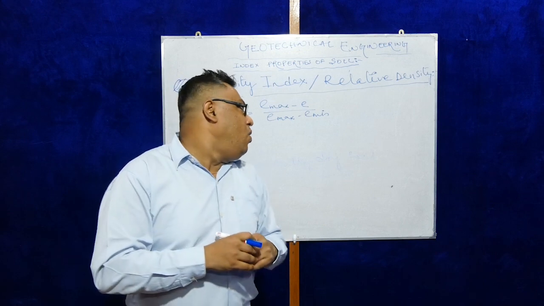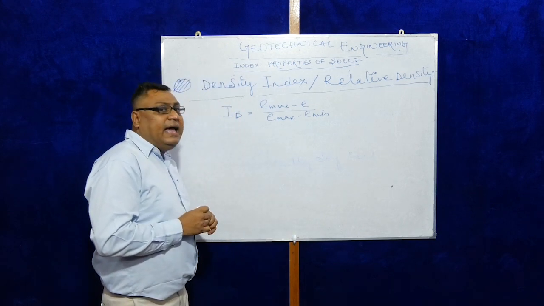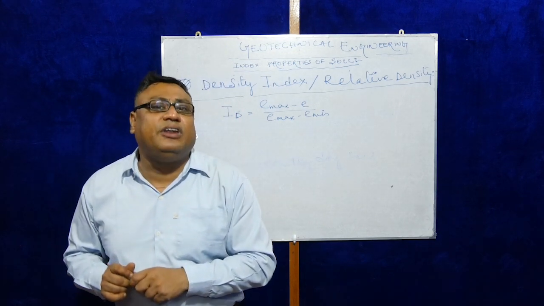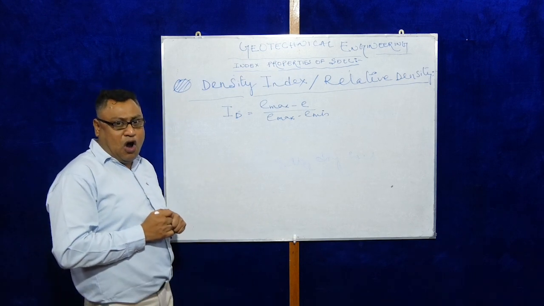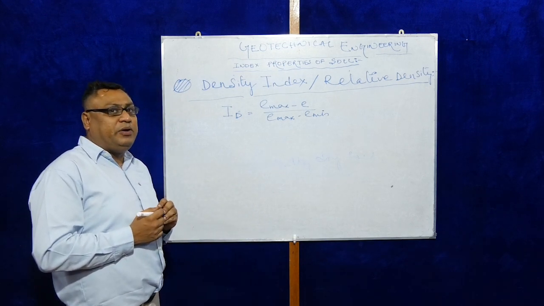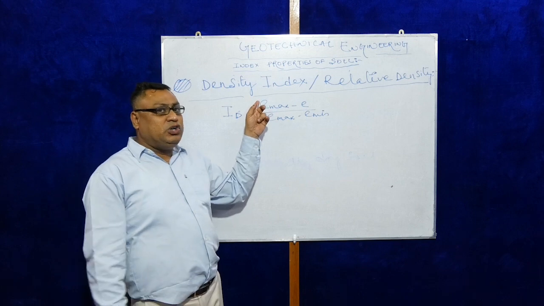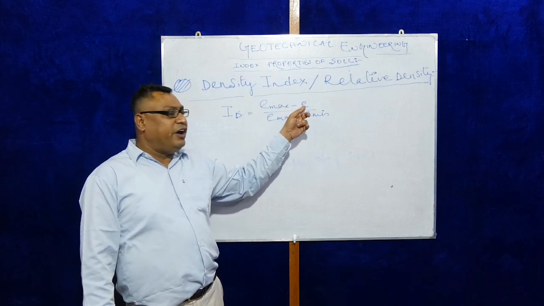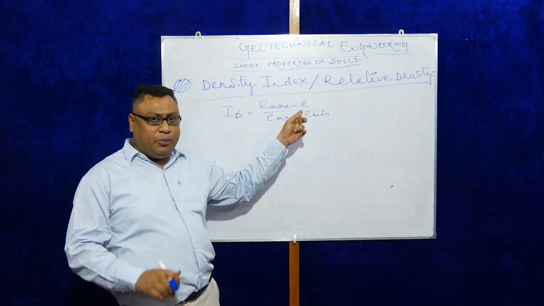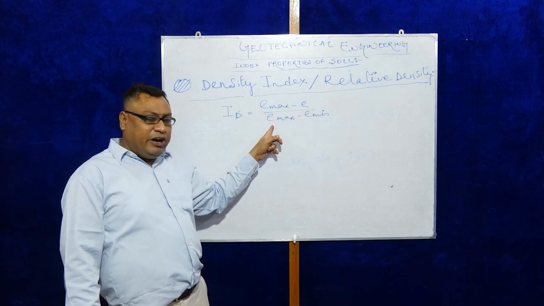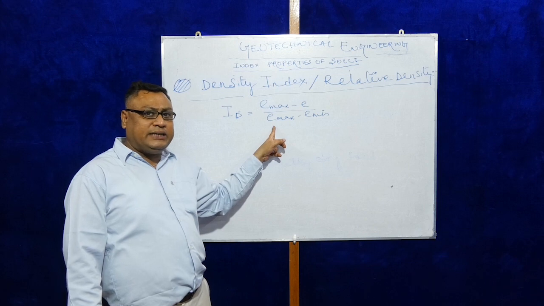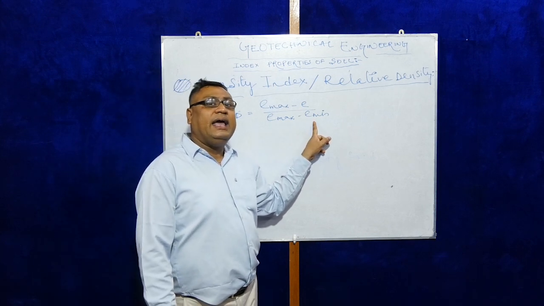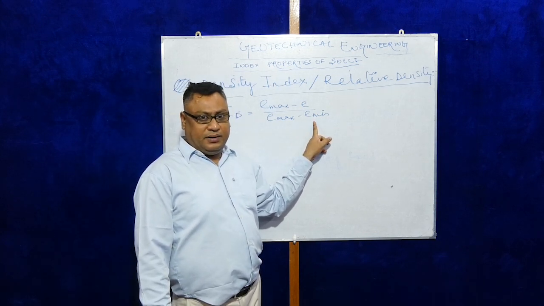Then, what is density index? Density index is defined as the ratio of the numerical difference between void ratio of soil in loosest state minus void ratio of soil in natural deposit, to the void ratio of soil in loosest state minus the void ratio of soil in densest state.